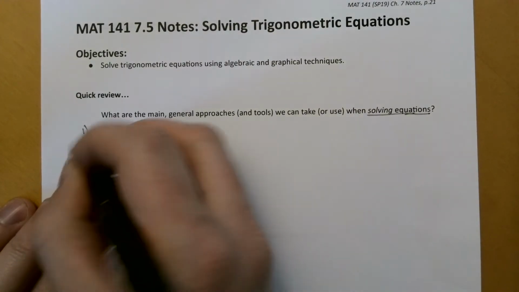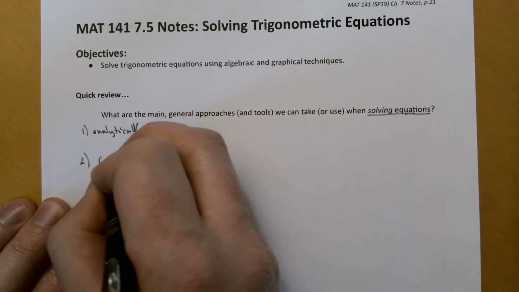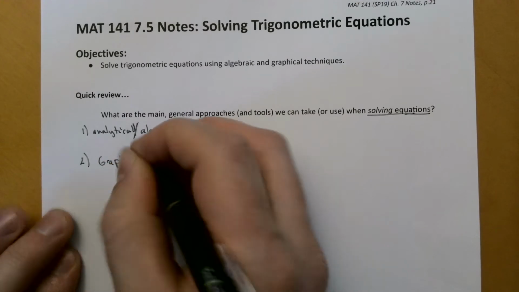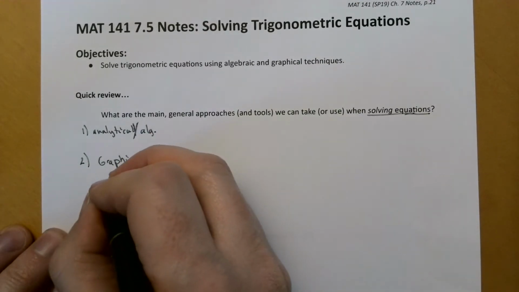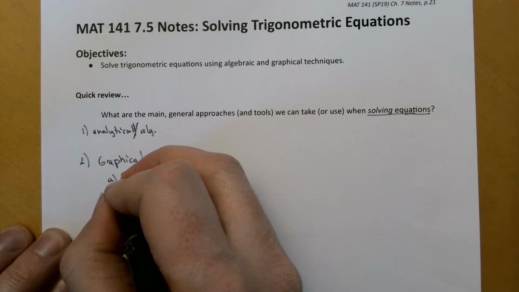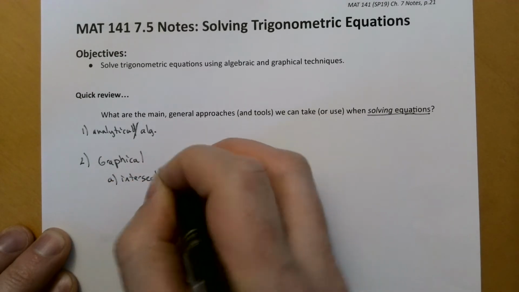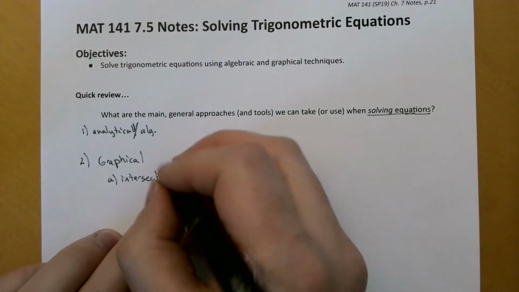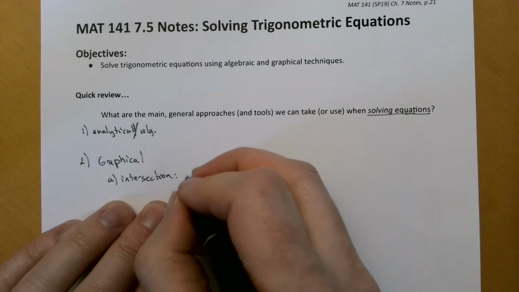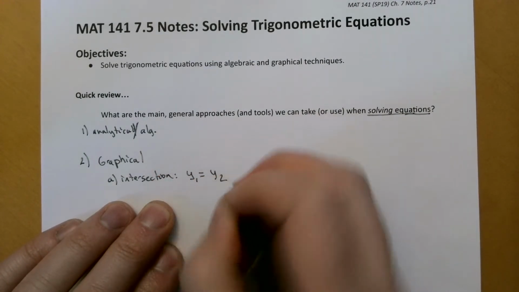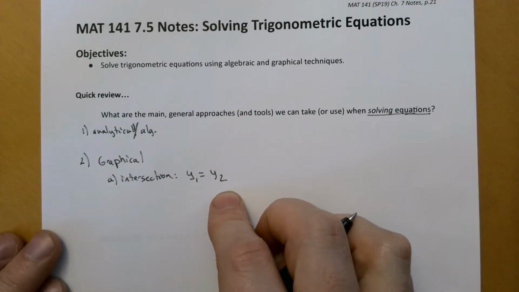And then the second main method is a graphical approach. There are two ways we could do the graphical approach. One method is what I've been calling the intersection method: if we have y1 equals y2, you graph both sides and see where they cross.